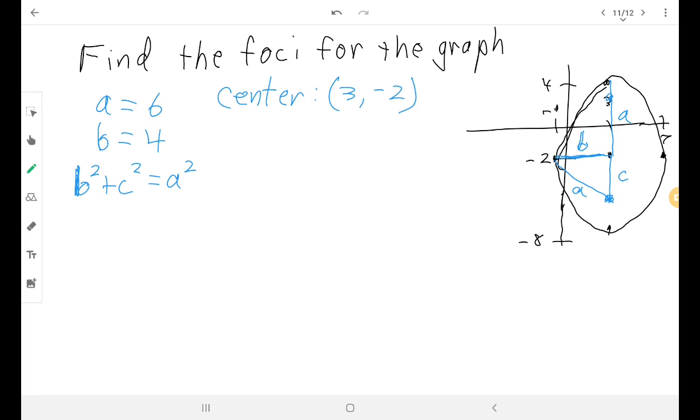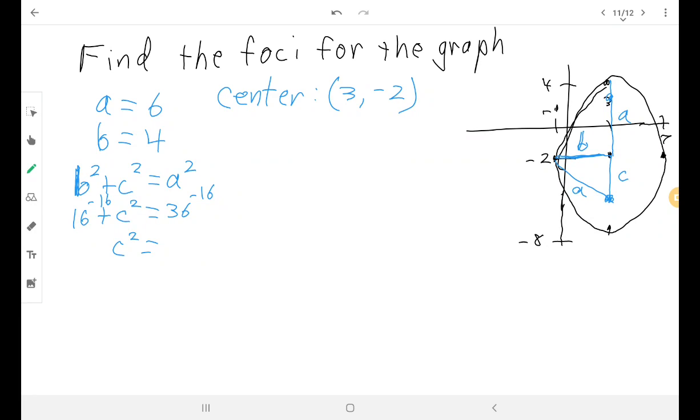And so I'll manipulate that along the y to do my foci once I have the distance c. So b squared is 4 squared is 16 plus c squared, I don't know c, so I'll leave that, equals a squared, which is 6 squared, which is 36. I'll subtract 16 on both sides.